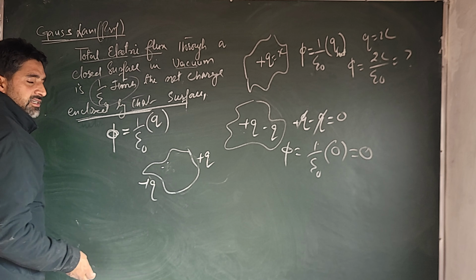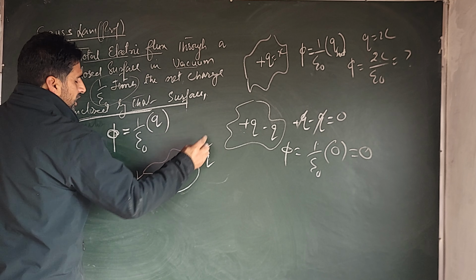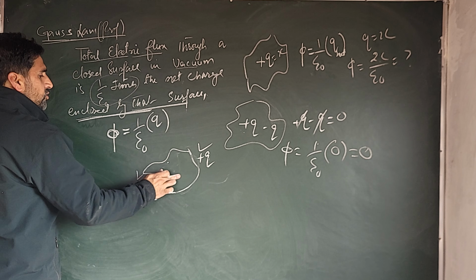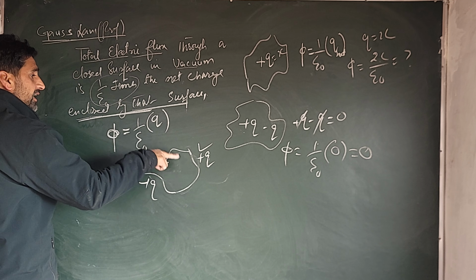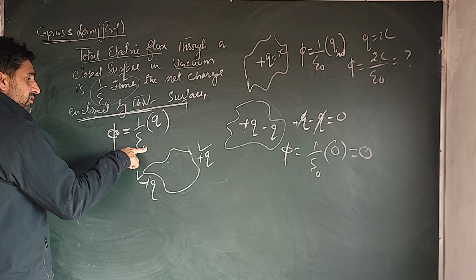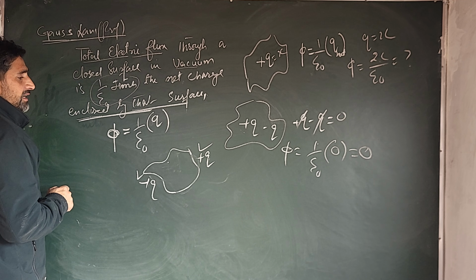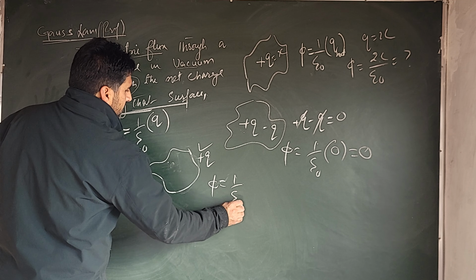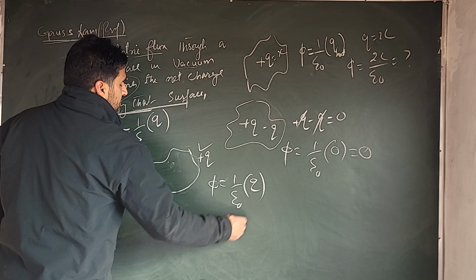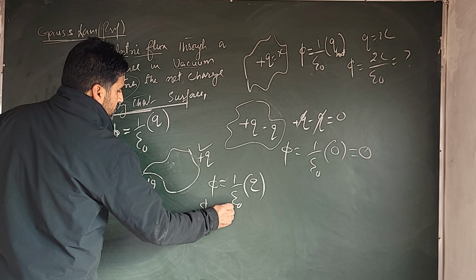The charge is outside. यहाँ पे जो charges हैं वो outside हैं. क्लोज्ड सिस्टम के अंदर कोई चार्ज नहीं है और कंडीशन जो है कि चार्ज जो अंदर है 1 by epsilon naught times that magnitude of that very charge. So here also phi is equal to 1 over epsilon naught times the charge inside, and because there is no charge inside the system, that is equal to 0. So phi is equal to 0.